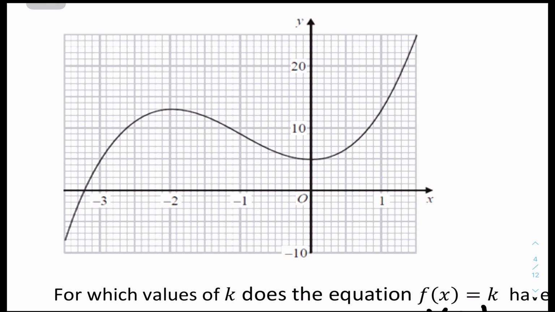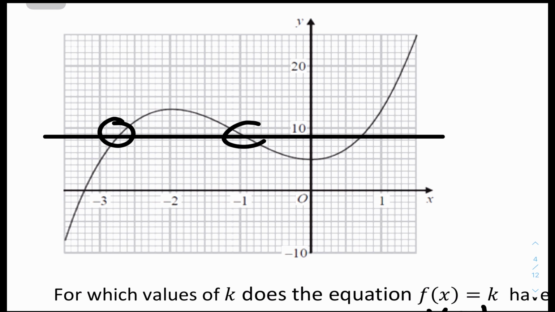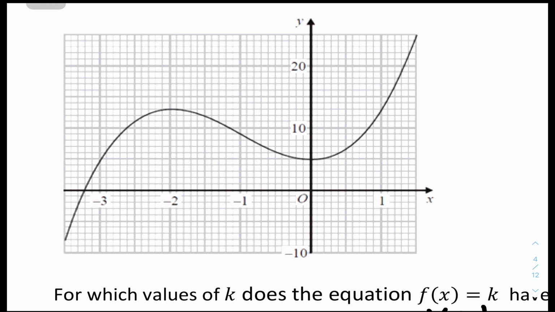So if you draw, let's say, a straight line here, you will have 3 solutions, because there are 3 roots, which is not only 1. We want the values which only have 1 root. So we notice that these two points are the local maximum and minimum.